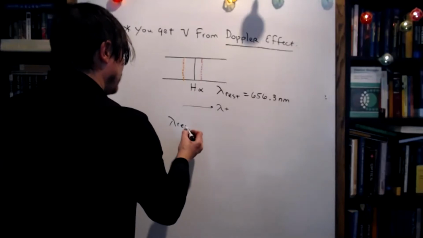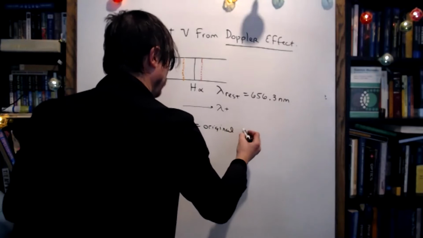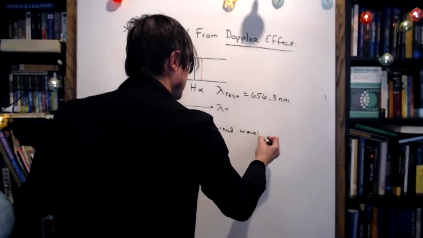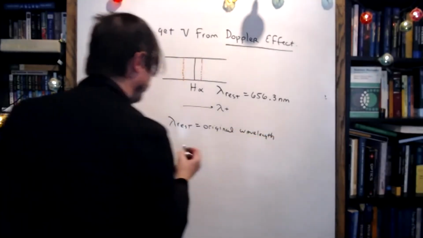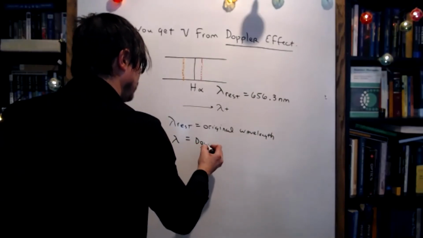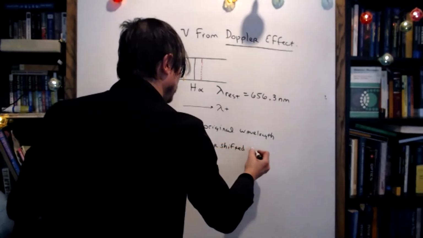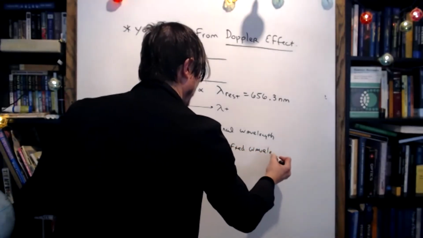So lambda rest is the original wavelength, and lambda with no subscript is the Doppler shifted wavelength.